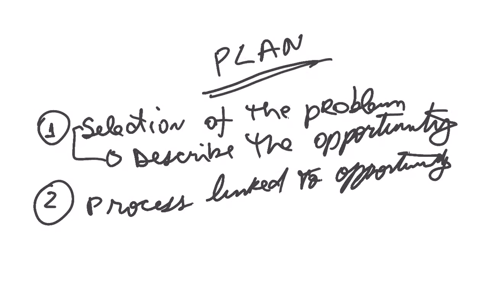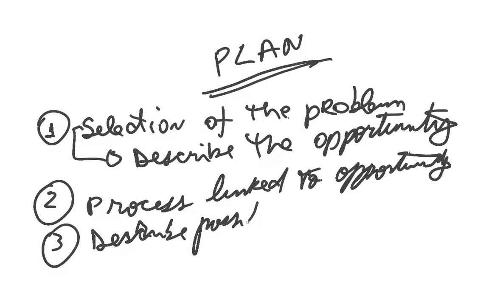Once you describe the current process surrounding the improvement opportunity, what will you do? Third step, you're going to do what? Describe all the possible causes of the problem. So you're going to describe possible what? Root causes. It can be one or more.